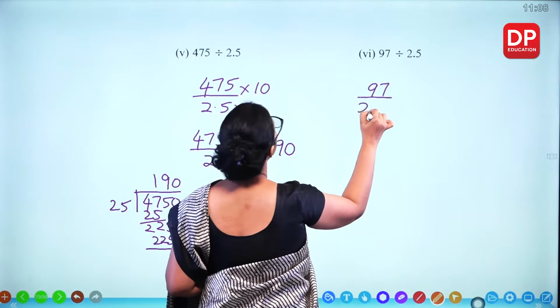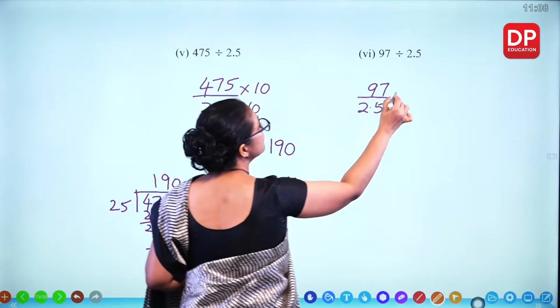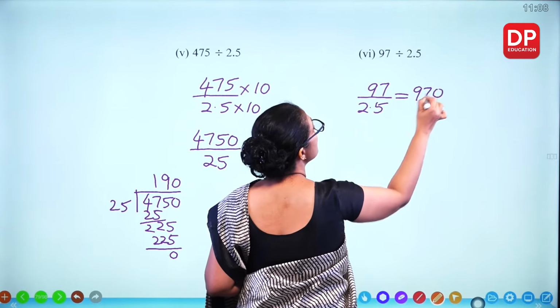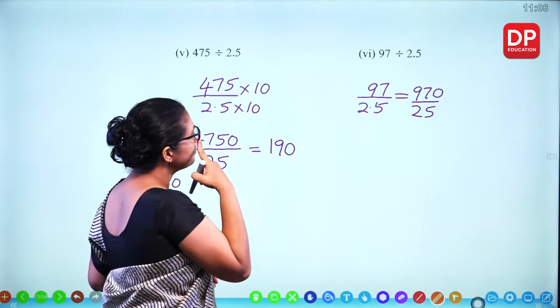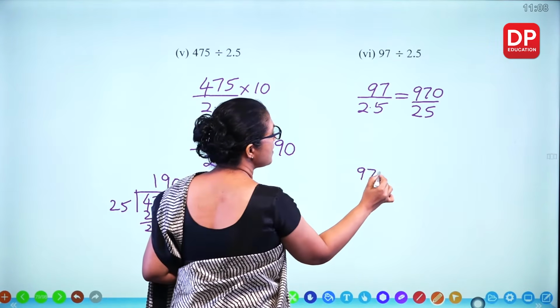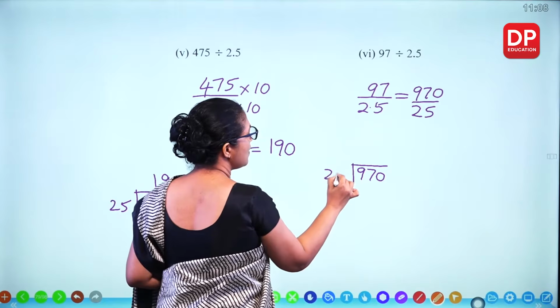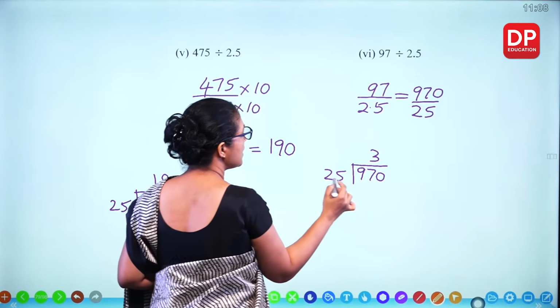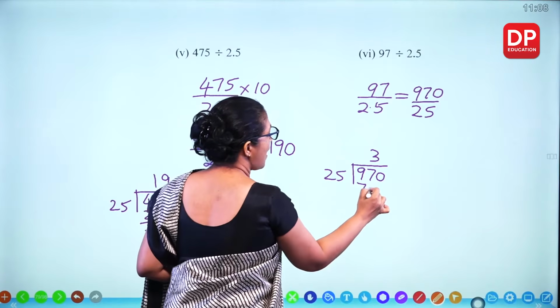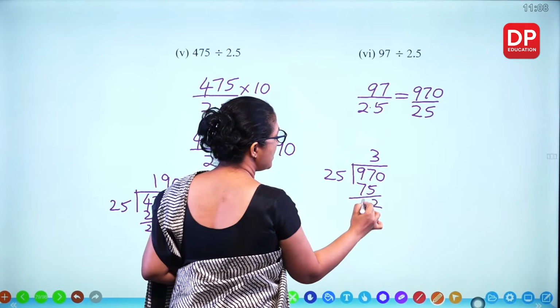97 divided by 2.5. Multiplied by 10. 970 divided by 25. 25 times 3, 75. So 2 remaining and 2 here.